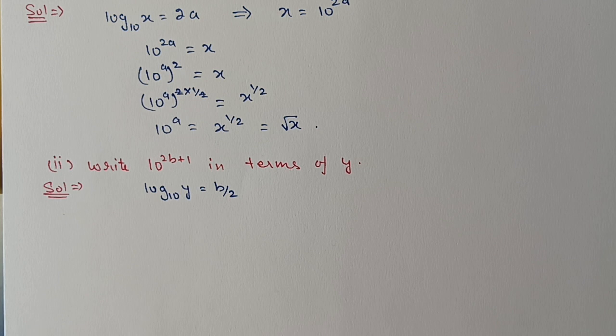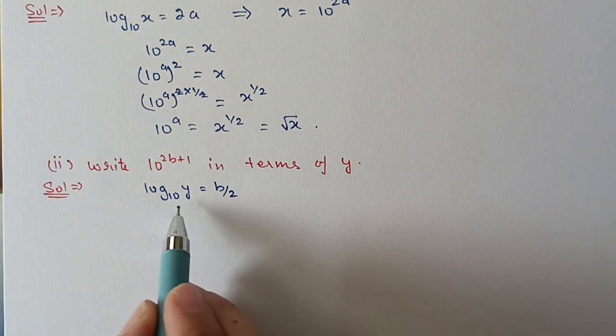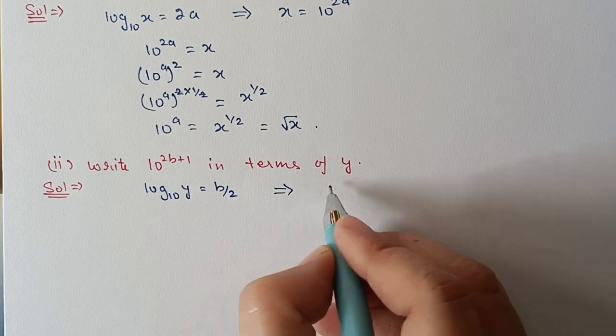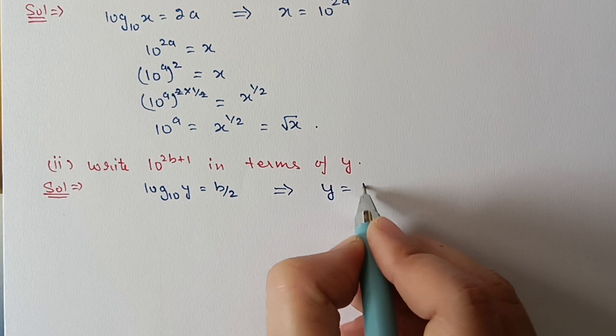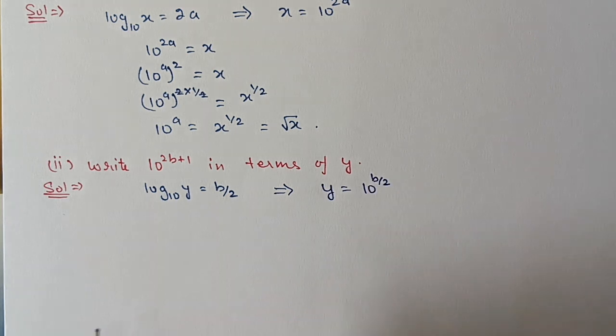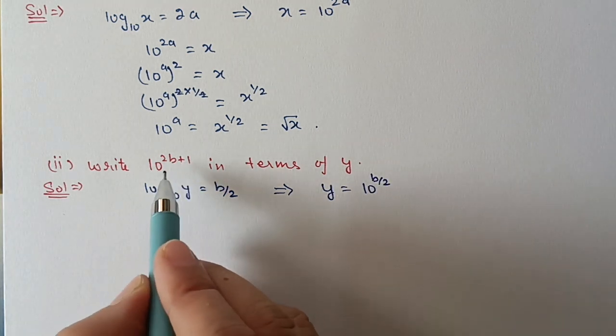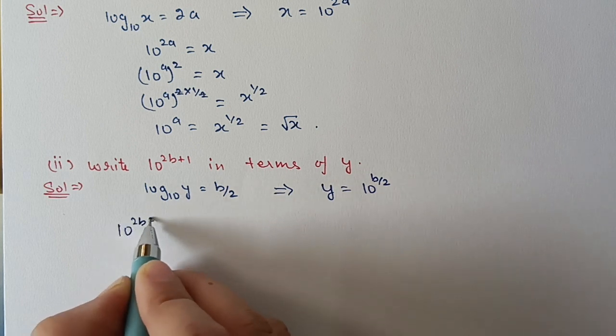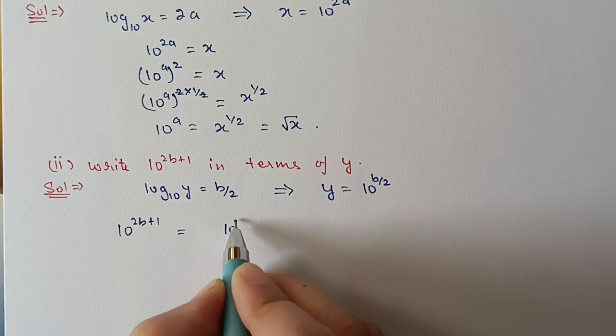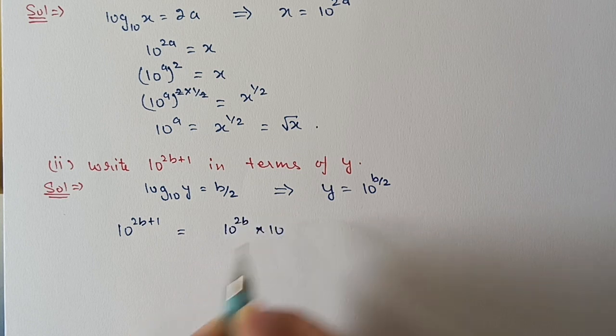Second part, write 10 to the power 2b plus 1 in terms of y. So first we will change this into exponential form. It will become 10 to the power y is equal to 10 to the power b by 2. Now we have to change this. So here we will write 10 to the power 2b plus 1. We can write 10 to the power 2b into 10.